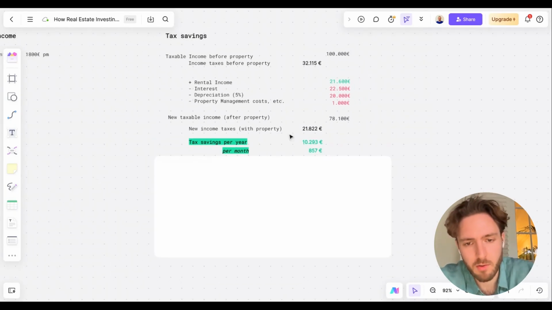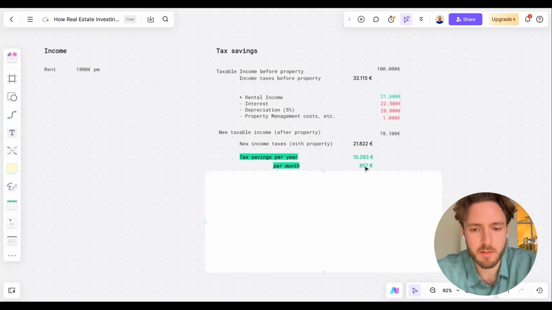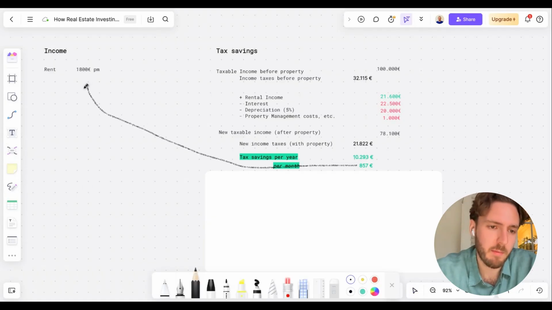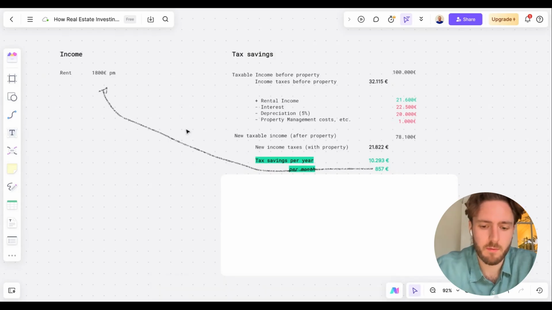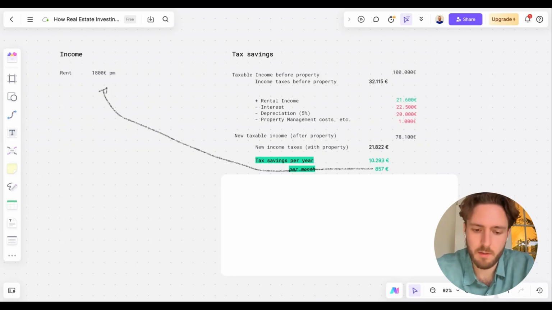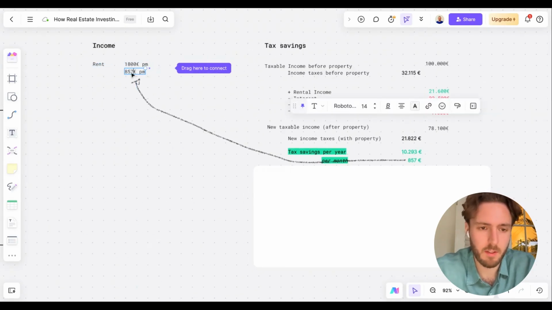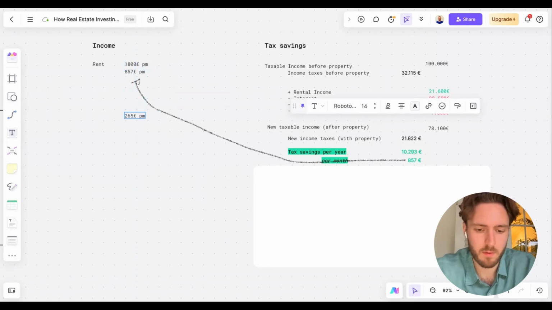Okay, because now if we look at this, instead of only having 1,800 per month, you can basically mentally add the tax saving on here, and then instead of 1,800, it's 1,800 plus 857, which is 2,657.